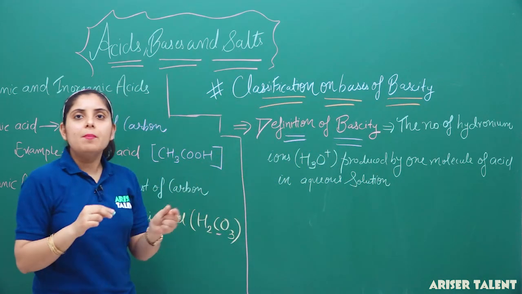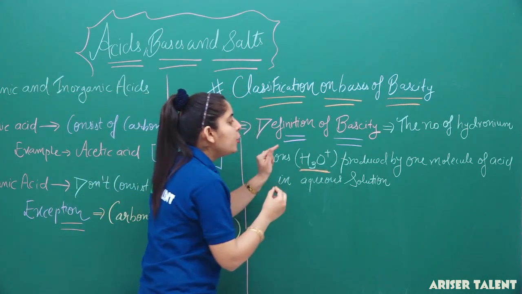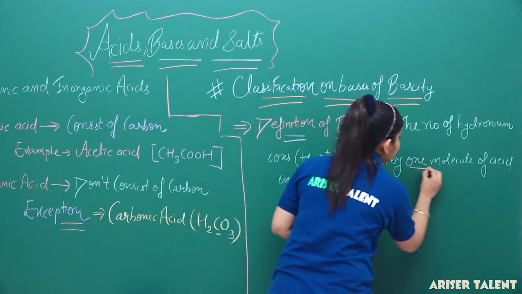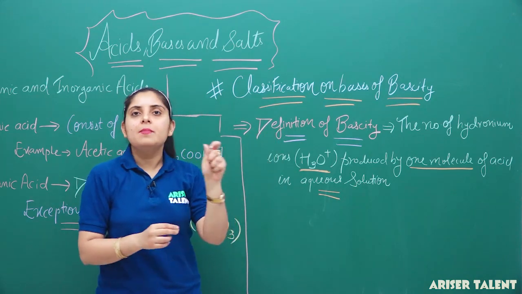So the number of hydronium ions, that is H3O+, produced by one molecule of acid in the aqueous solution is termed as basicity.